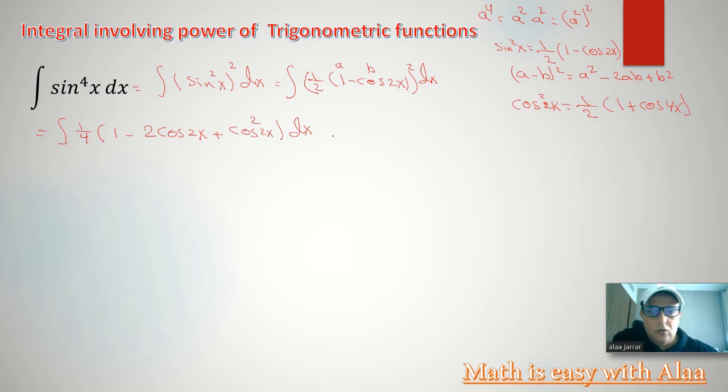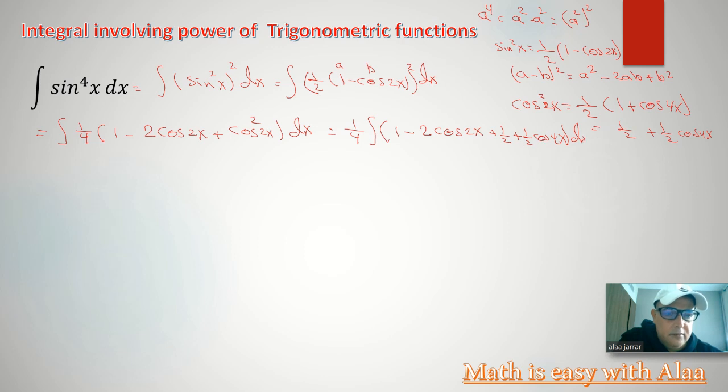So what we will do, we will put 1 over 4 outside, and here 1 minus 2 cosine 2x. Here I can write it like this: 1 over 2 plus 1 over 2 cosine 4x, dx.